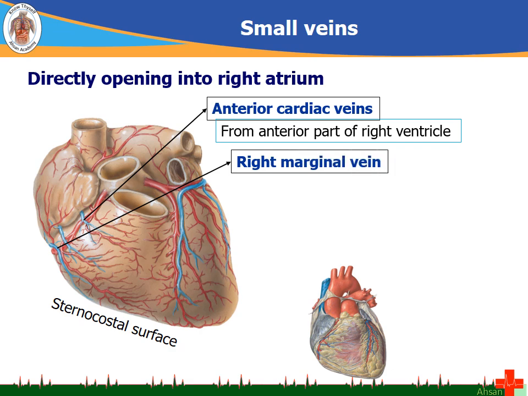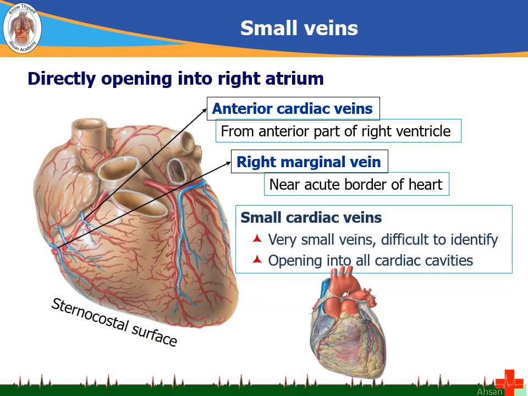This follows the acute margin of the heart and finally drains into the right atrium directly. Some other small cardiac veins are very small and difficult to identify and can open into any of the cardiac cavities.